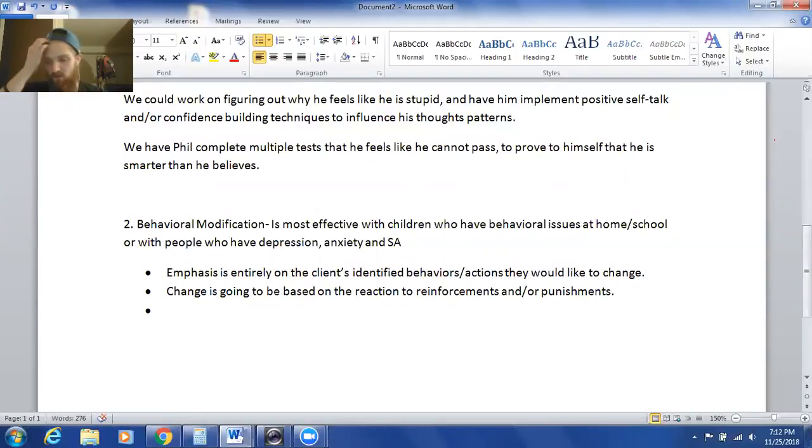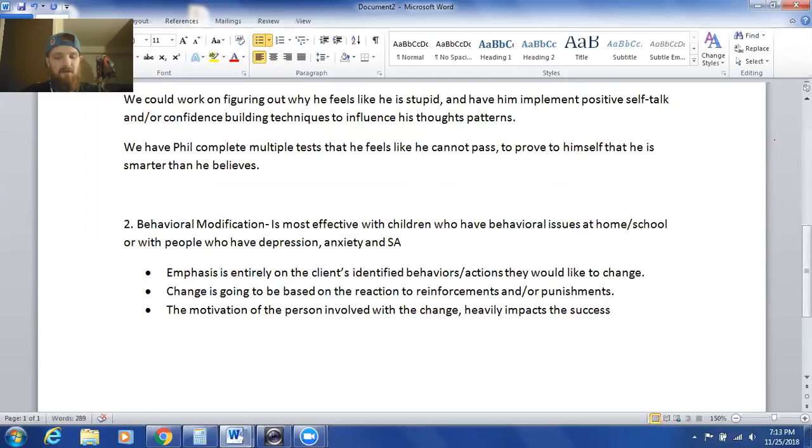And I'll explain exactly what both of those mean after I explain the nuts and bolts of it. The motivation of the person involved with the change heavily impacts the success of treatment. And I guess in the chat you can type yes or no if you want me to go over what the reinforcements are, like positive and negative reinforcement, and positive and negative punishment.